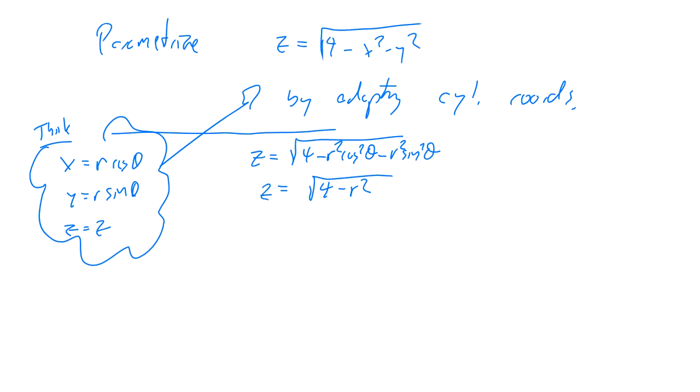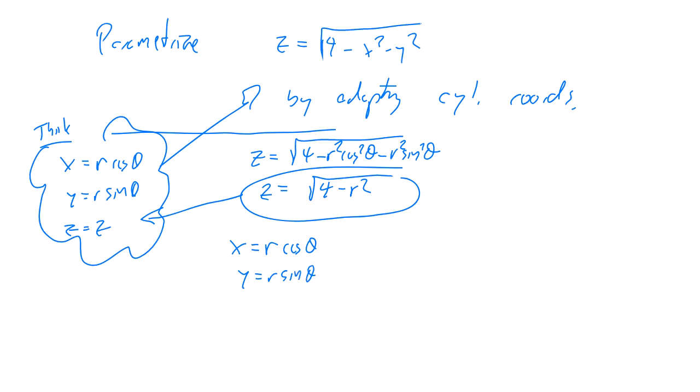So one possible parameterization would be to plug that back in. So x equals r cosine theta, y equals r sine theta, and z equals the square root of 4 minus r squared. Wait, so you don't carry out the rest of the square root of 4 minus r squared? In what way?